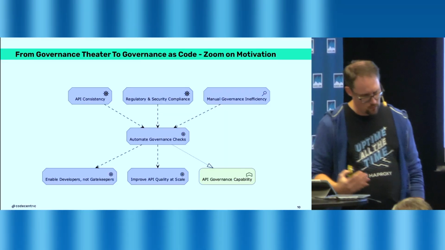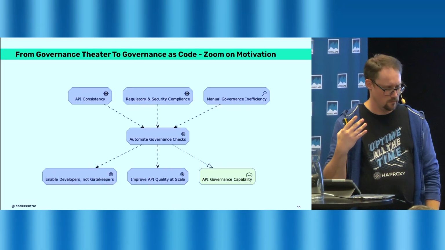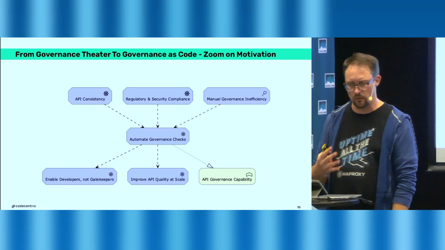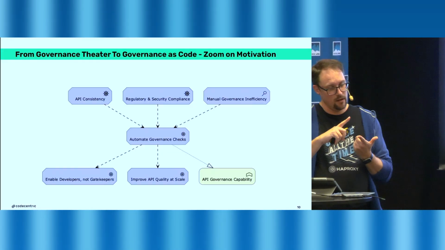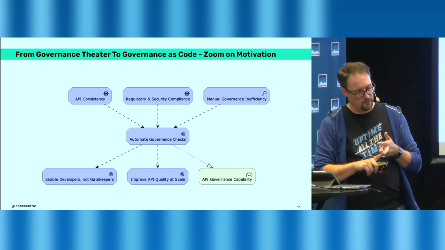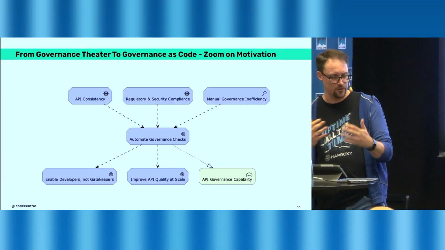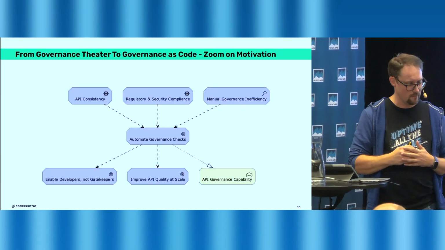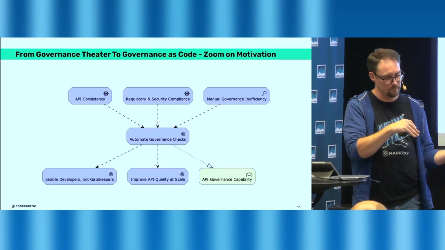Why would we put in the effort to really integrate TypeSpec into the whole organization? It's because we want to have API consistency. We want to have security compliance. We want to have automated governance checks, because we assessed the inefficiency of manual governance.